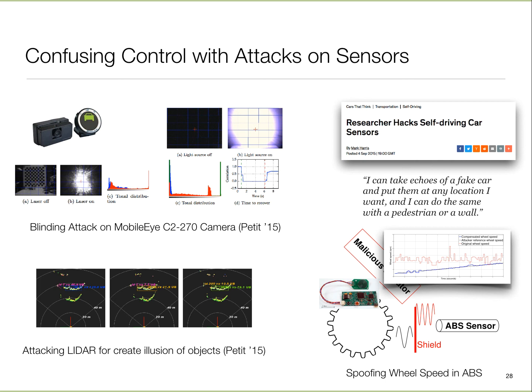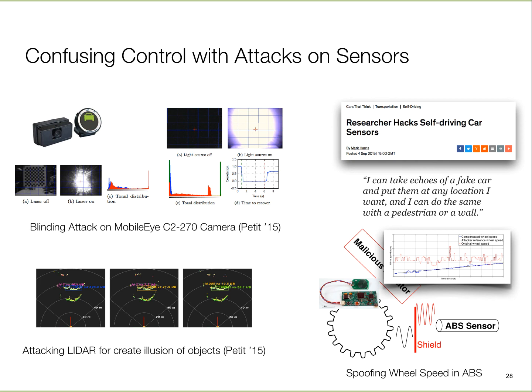Let's see how we are doing in time. Okay, there are lots of examples in recent times of people showing attacks on sensors in the car, as I mentioned. For example, Mobileye is an Israeli company which I think got bought by Intel a couple of years ago. The cameras that you see in cars, used for purposes like lane keeping, people have shown blinding attacks on these cameras.